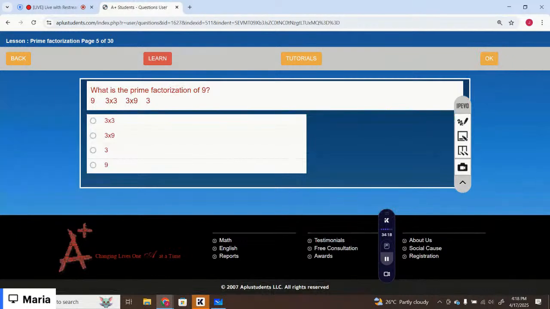What is the prime factorization of 9? So which is the correct option? That is 3 times 3.